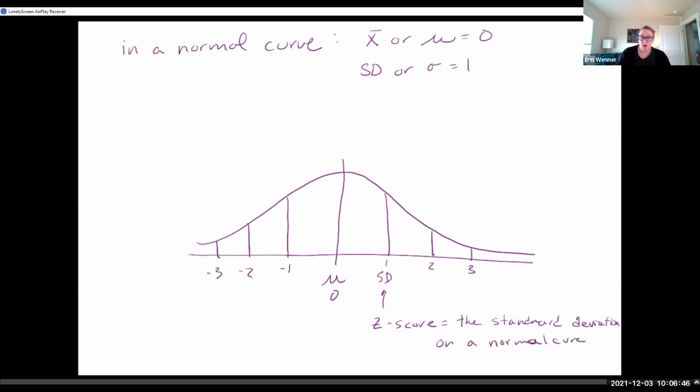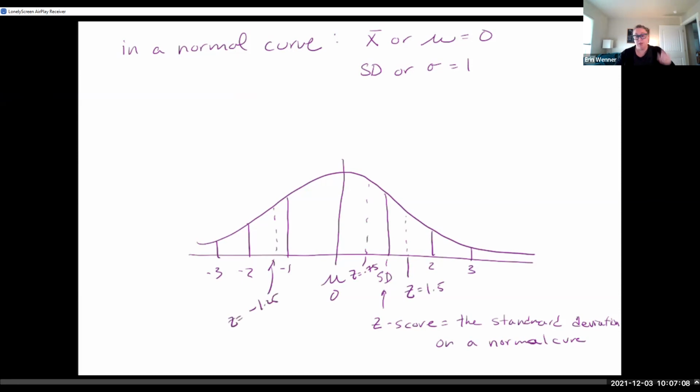So if z equals 1, that's one standard deviation. But then we end up with other amounts where you could have a z-score equal to like 1.5 or 0.75 or even say negative 1.25. These are all possible z-scores.